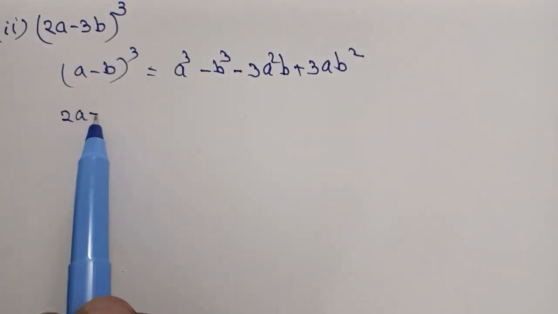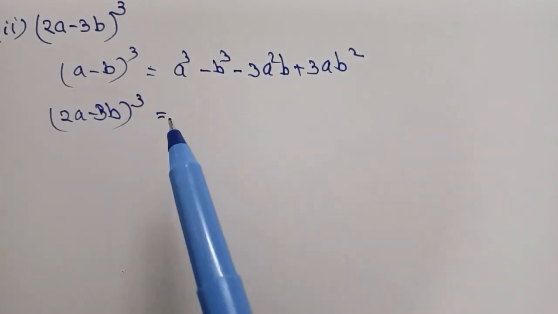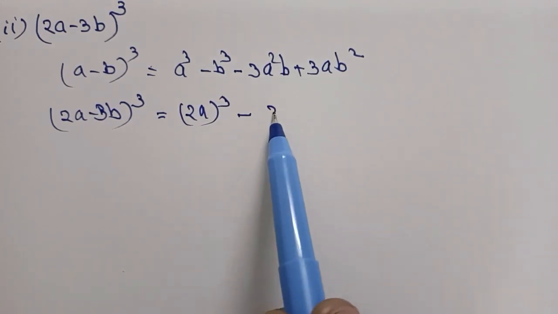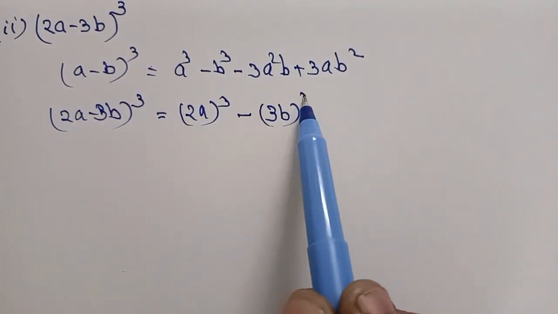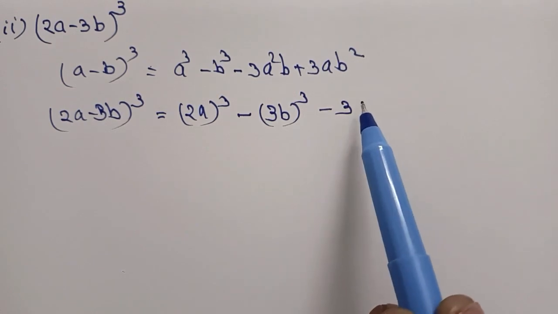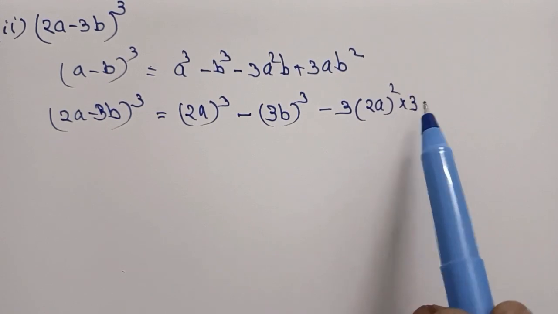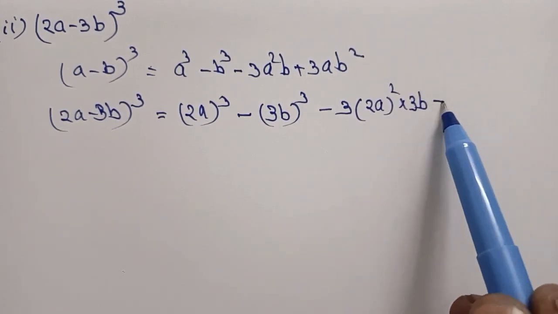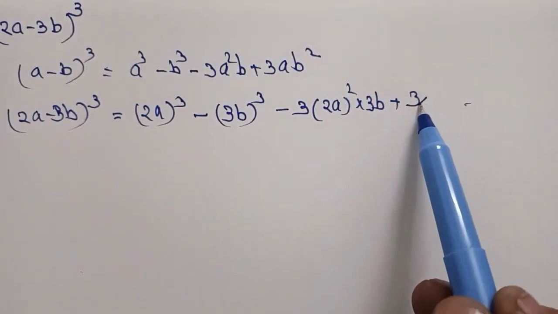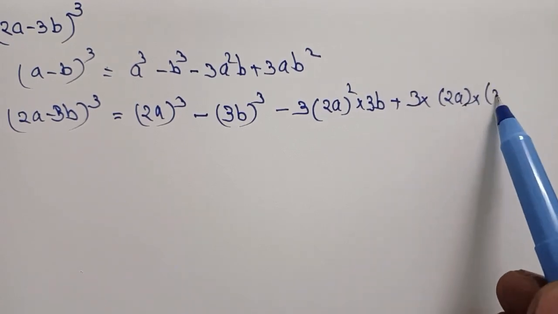Here 2a − 3b is the question. (2a − 3b)³ is equal to a³, that is (2a)³, minus b³, (3b)³, minus 3a²b, 3 into a², that is (2a)² into b, equal to 3b, plus 3ab², that is 3 into a, it is 2a into (3b)².